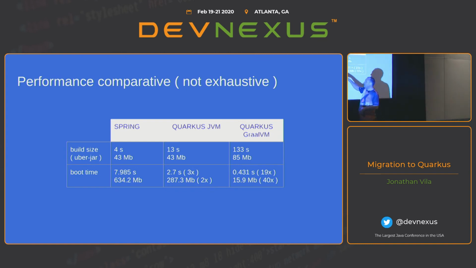Okay, let's go to Quarkus JVM. 2.7 seconds. Well, it's a bit less, or at least it's a third, more or less. But it takes half of the memory. So, well, we have improved.